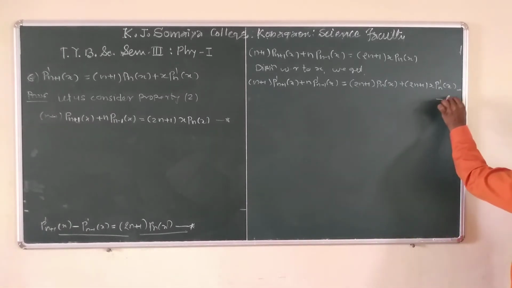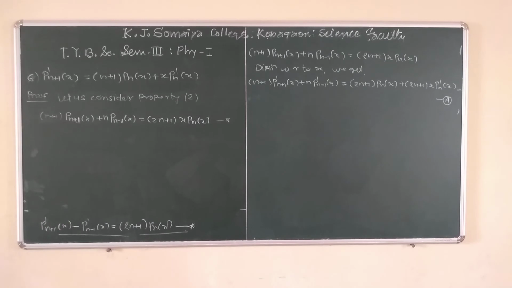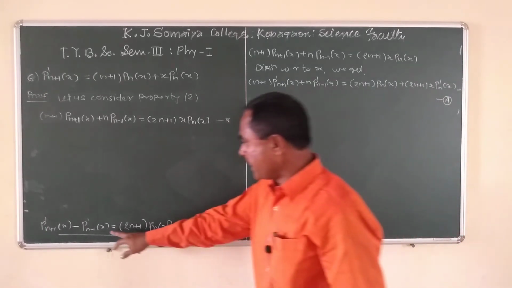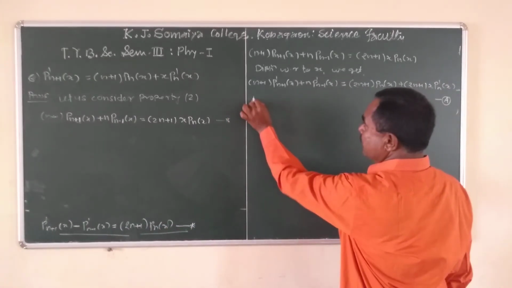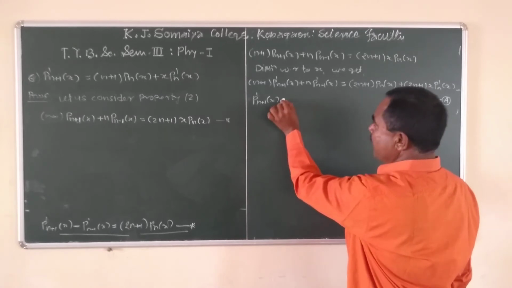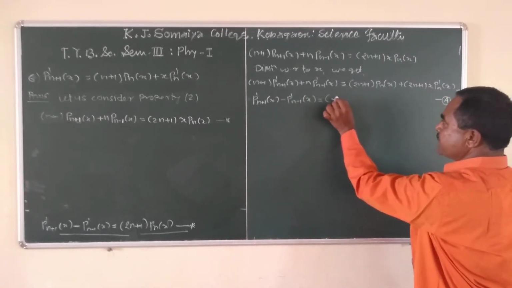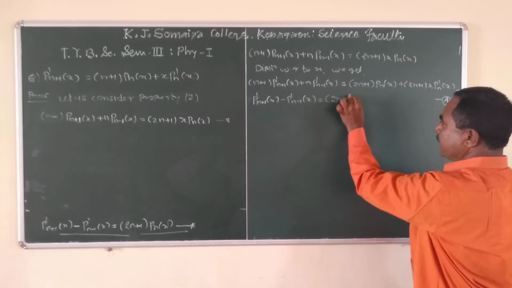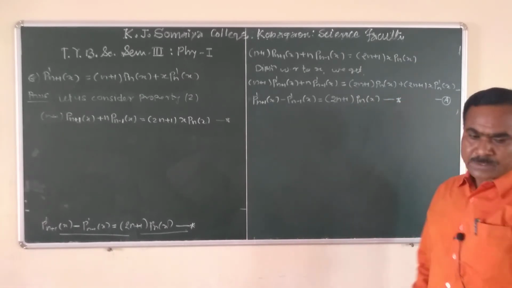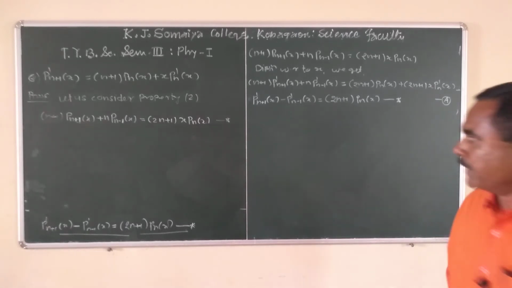We write this equation as A. Then we consider the result of property 5, which is P'_{n+1}(x) − P'_{n−1}(x) = (2n+1) P_n(x).